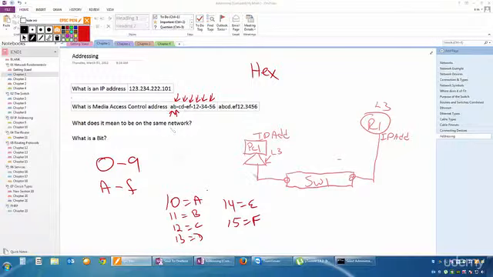Because of this, a switch can create a table with all the MAC addresses that are communicating on it. That means this PC has an IP address and a MAC address. If the MAC address is A, B, C, D, E, F, 1, 2, 3, 4, 5, 6, we're going to write it like this because this is how Cisco writes it.